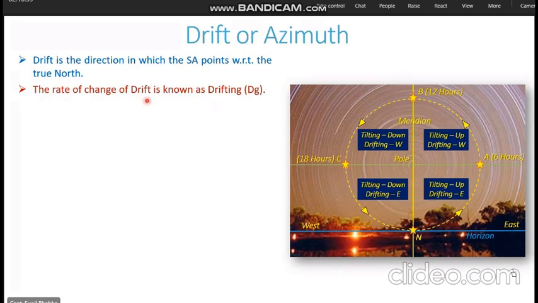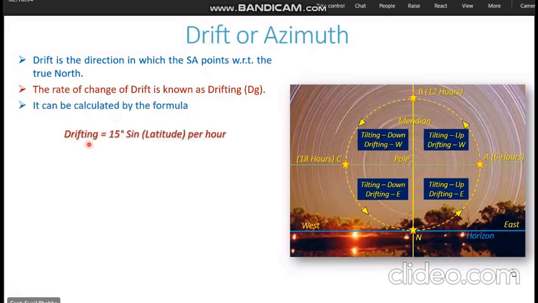The rate of change of drift is known as drifting. In short, capital D and small g, Dg, is represented as drifting. Now drifting can be calculated using the formula. Drifting is equal to 15 degrees sine of latitude per hour.